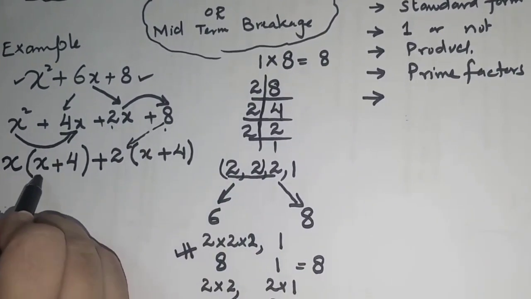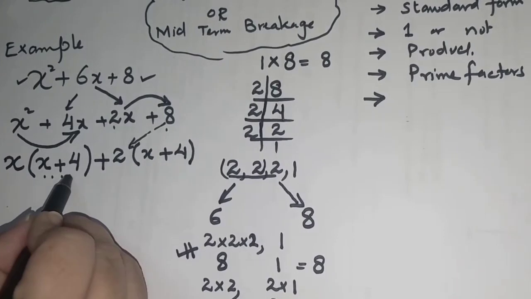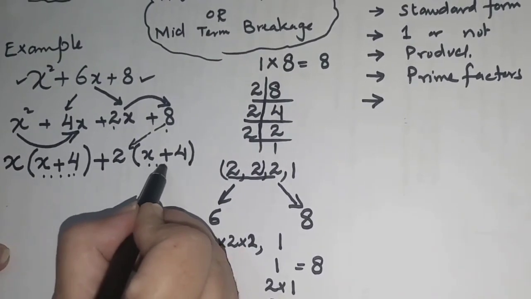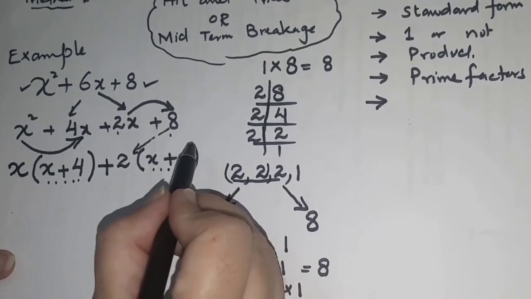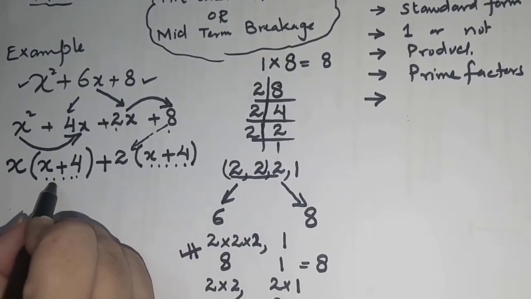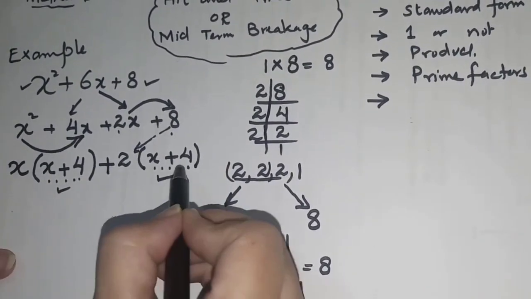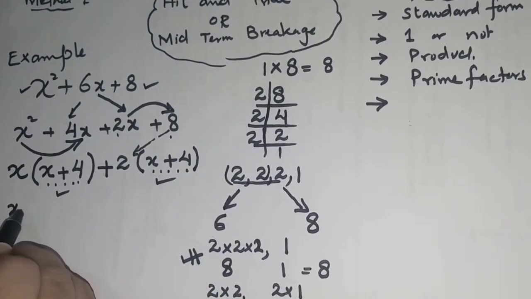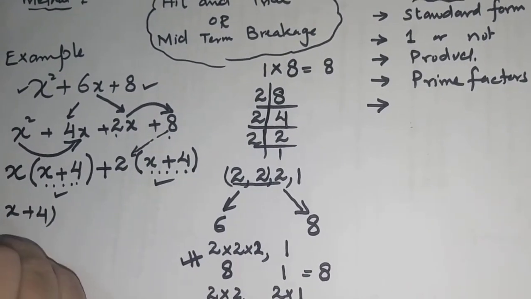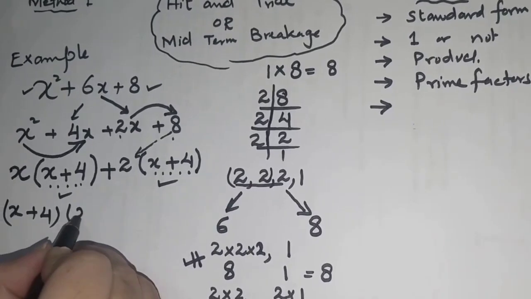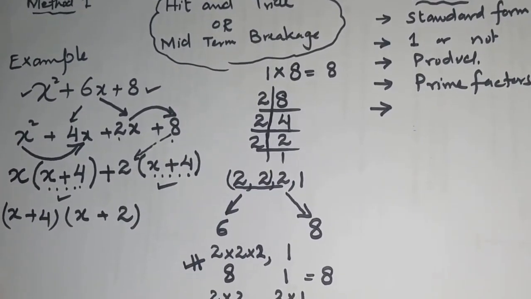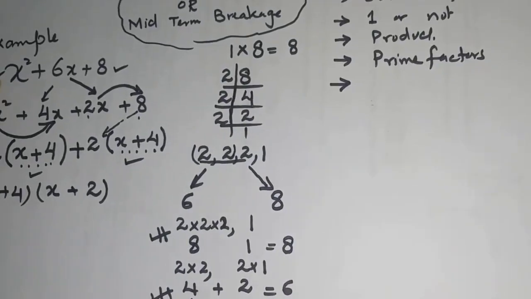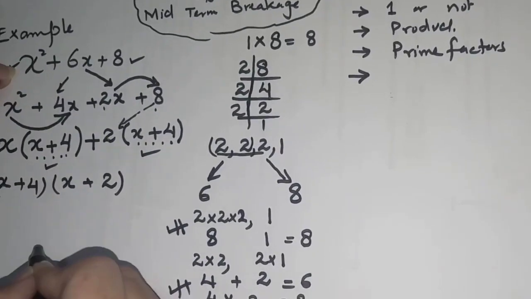This is again an important step. I must see very carefully that whatever is the first bracket, I must have the same bracket at the same place. Now I can see that this is again a common factor. I have to extract this common factor out, and from the first group I'm left with x plus 2. So I can see that factorization is the reverse of expansion.